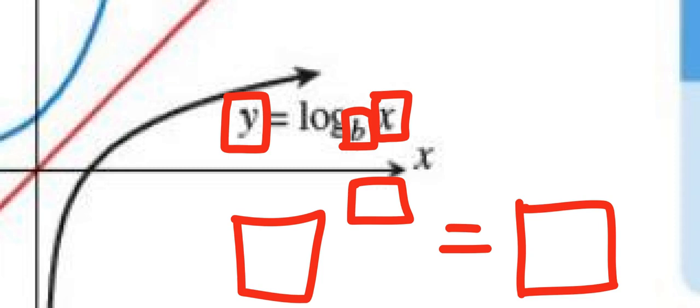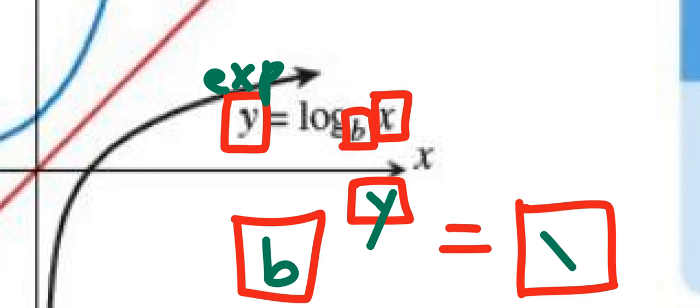Is it x, y, or b? It is b. What letter represents the exponent? It is y. Remember, logarithm means exponent. So your exponent was sitting right over here. That only leaves one thing left for the other side. What's that? X.